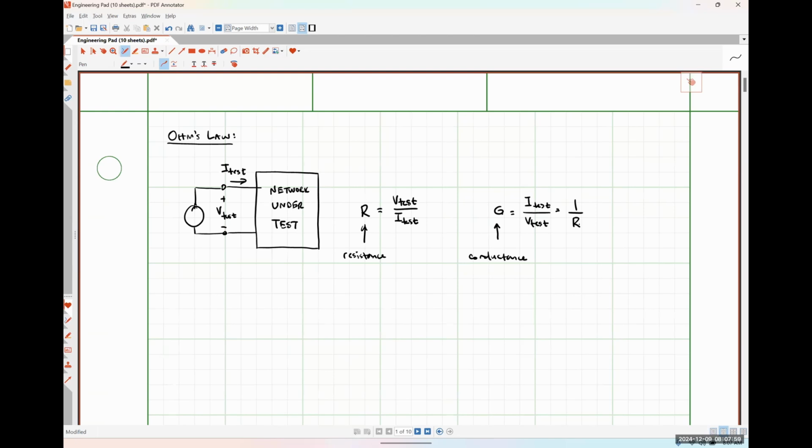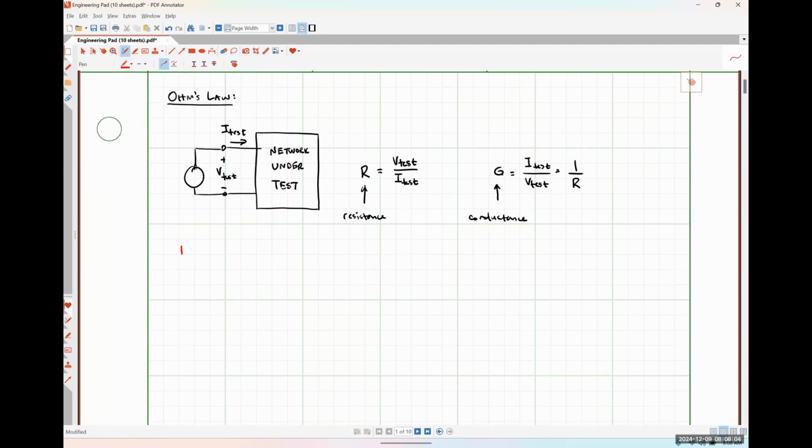Let's talk about these guys in a little bit more detail, okay? So let's start by saying that resistance is a measure of how difficult it is to pass current through a component or network.